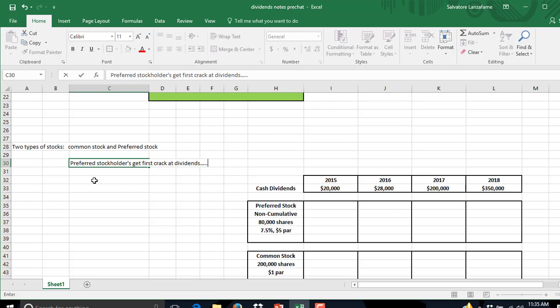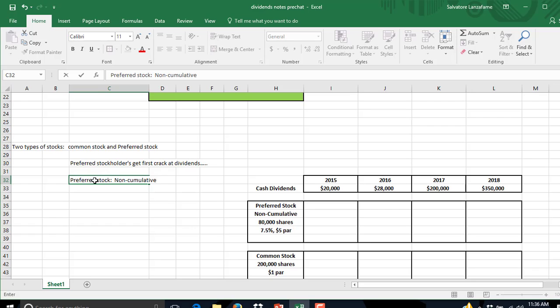There are different versions of preferred stock. We'll only talk about two of them here today. One version of preferred stock is called non-cumulative. I could get into participating and non-participating, but I'm not going to get into all that detail. We're just going to look at two types today.